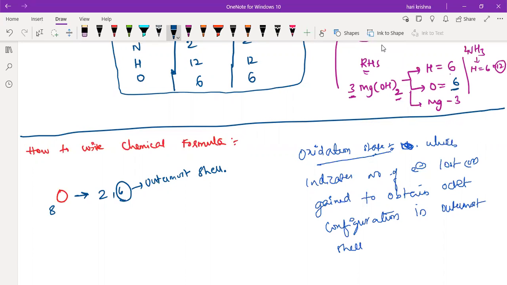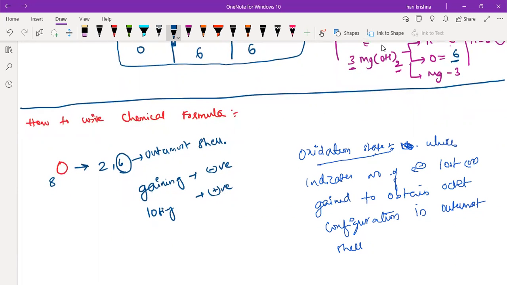So 2 electrons you have to gain, right? Gaining means negative charge. Gaining means negative, losing means positive. So now oxygen requires 2 electrons to fulfill the octet configuration, right? Understand?